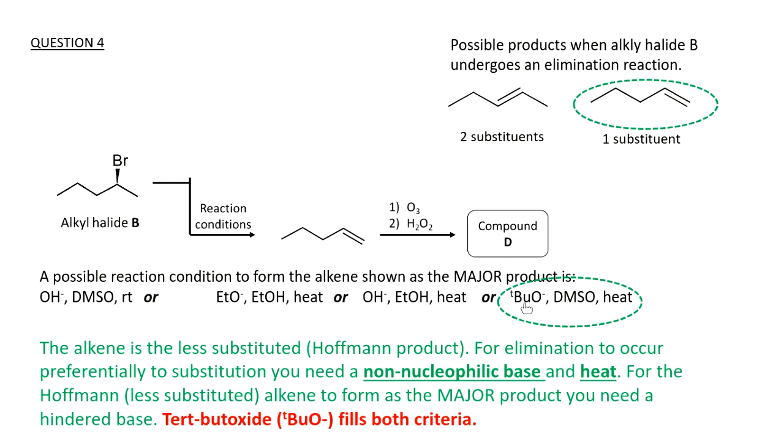And so this will be the reagent that will effect the formation of the Hofmann product. So we have heat, we have a bulky base, and we have a protic solvent. And so this is going to be the reaction conditions that will give us the desired Hofmann product.